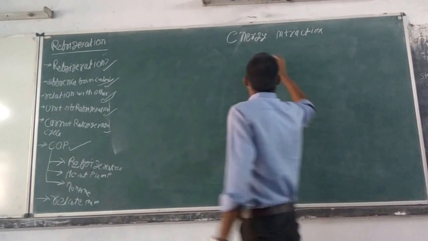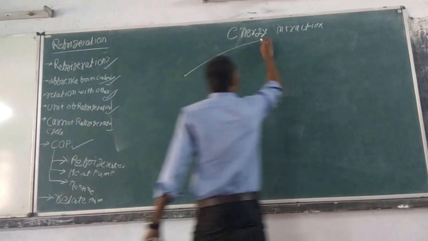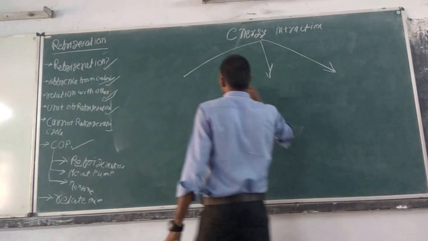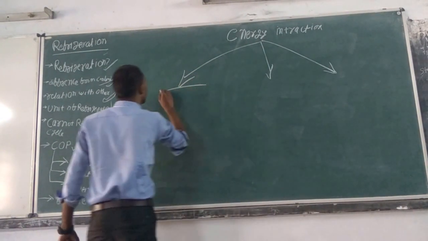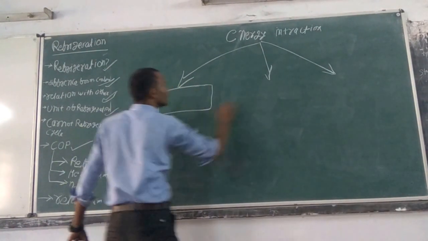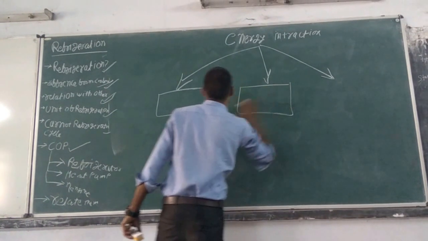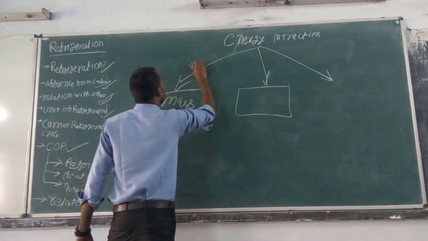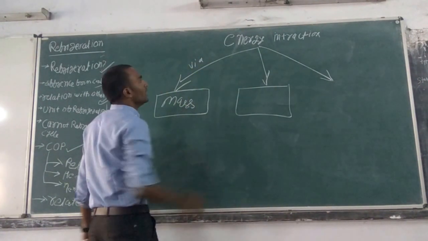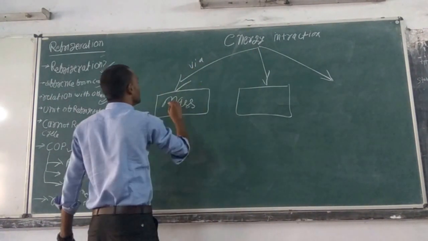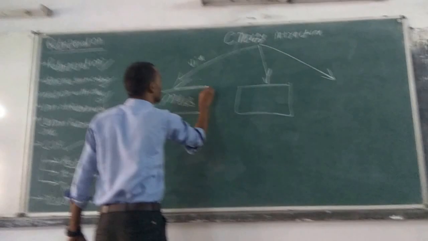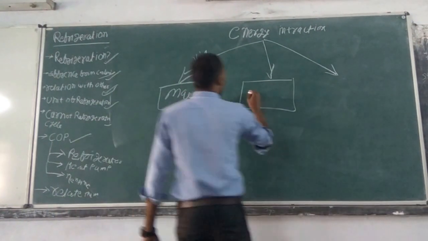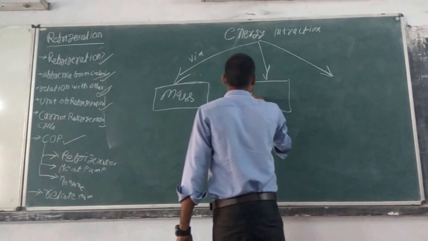So energy conversion can take place in three forms. First one is mass transfer: energy can transfer from one form to another by the transformation of mass. Second one is heat.